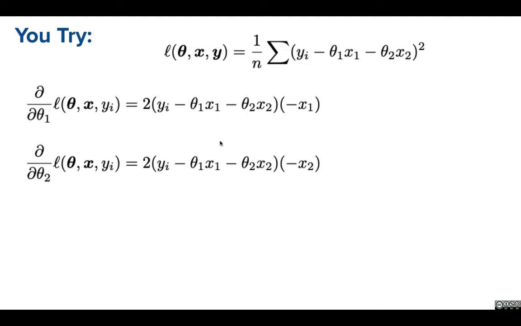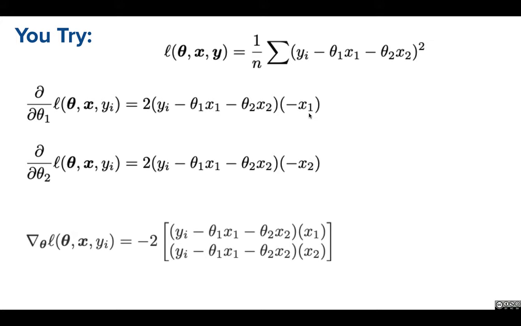Similar logic applies for theta 2. So again, the exact same term here, but with x2 instead of x1. And the gradient of that loss is the two partial derivatives stacked on top of each other. And that's what I was looking for, really.